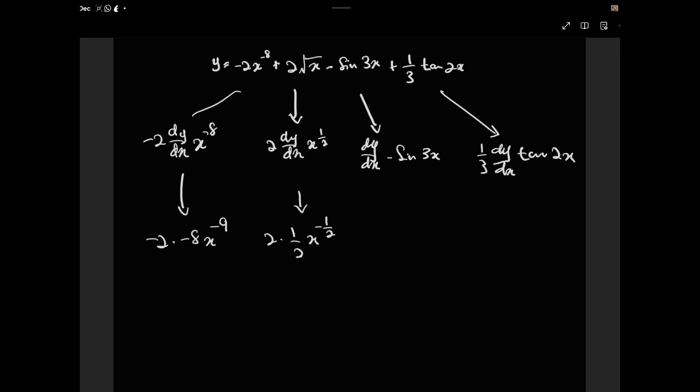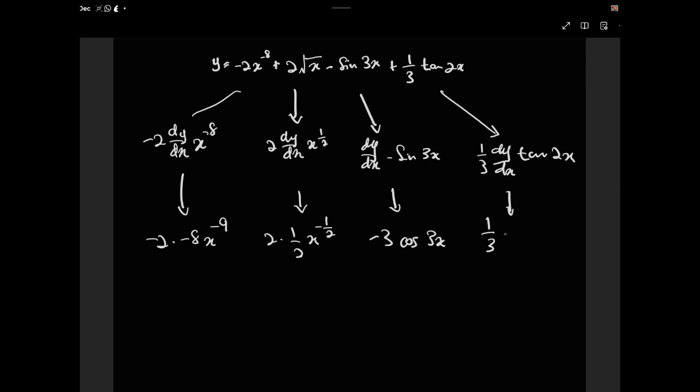Okay, and then for this one, sine 3x becomes cos, so 3 cos 3x, and the negative is retained, so negative 3 cos 3x, right? Sine becoming cos, right? And then for this one, 1 over 3 tan 2x becomes 2 secant squared 2x, right?